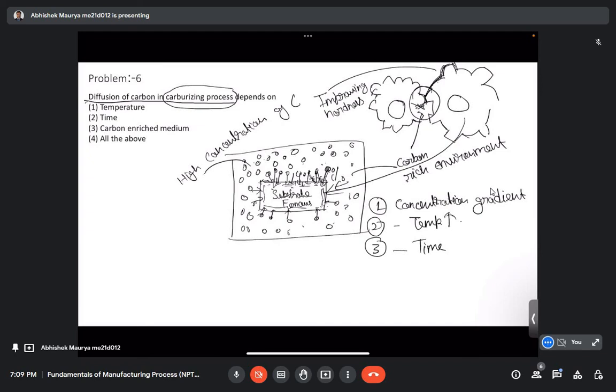So these three things are responsible for diffusion. And if we increase any of these, temperature, time or concentration gradient, more carbon will get diffused into the substrate material, and this process is called carburizing.